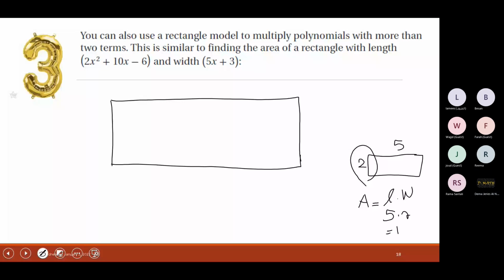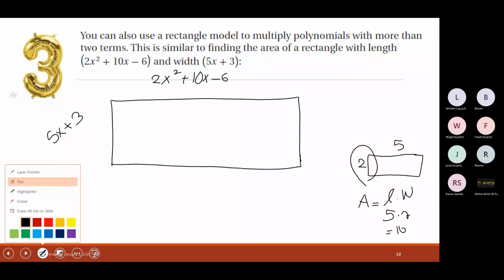Here is the step. You're going to draw a rectangle and write the two polynomials. This one is 2x squared plus 10x minus 6, and the second one is 5x plus 3. In 5x plus 3, how many terms do you have?